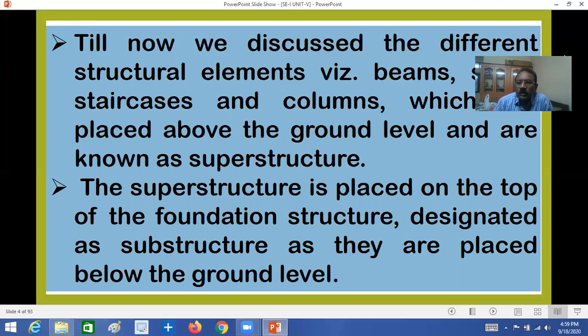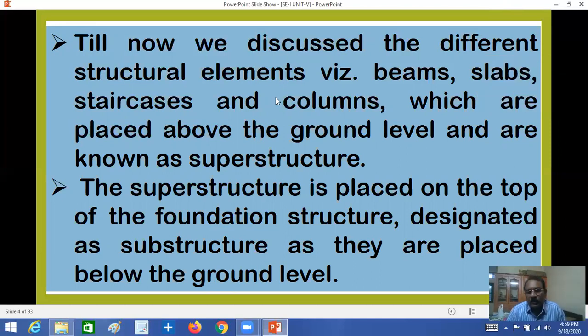Whatever load from the building transfers through the column, the footing strength and the foundation should take care of that load, so it should not fail. So this is a very important foundation. Basically, we start from foundation, but in design, as I explained, you start from top slab loads to the bottom.